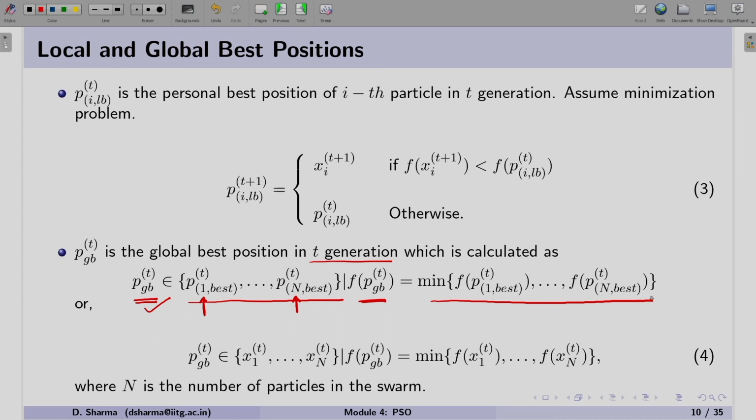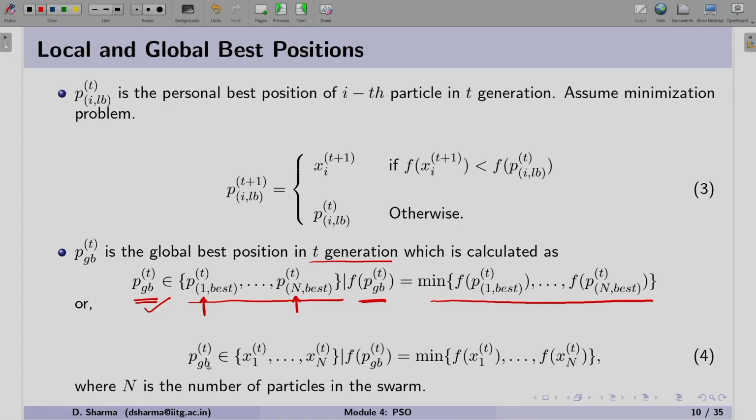So, we have 10 local bests, one for each particle. If I compare the fitness of these best positions, whichever is the best will become the global best of the swarm. This is the way we are calculating. Or in general, at the bottom, equation number 4 is written in terms of vectors.